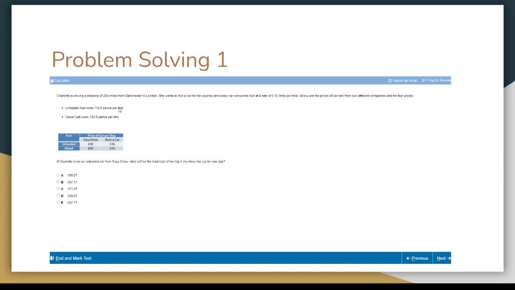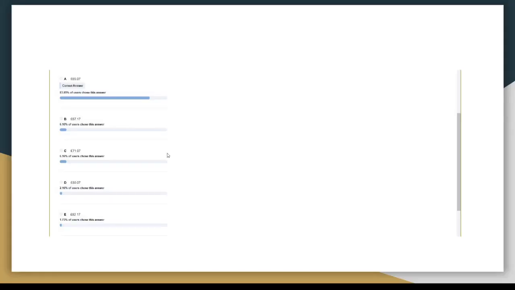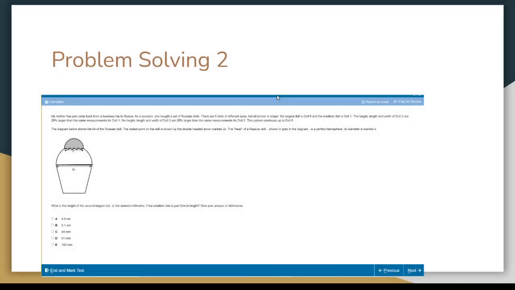So you multiply this by 30, you should end up with around £35, £35.07. And so you do that plus your 30, and you should end up with £65.07. As you can see here, the correct answer is A, £65.07.